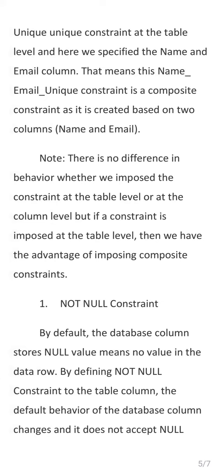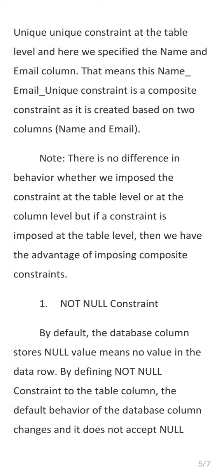Next we'll go directly to one of the types of constraint, that is the not null constraint. By default the database column stores null value, meaning no value in the data row.